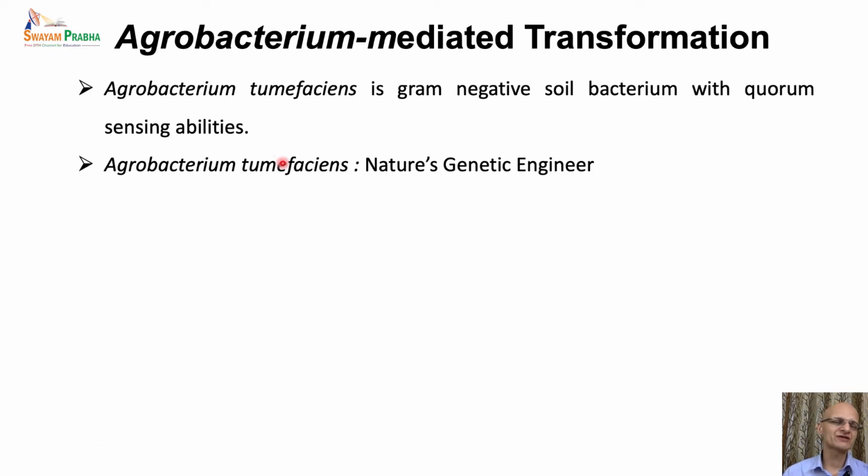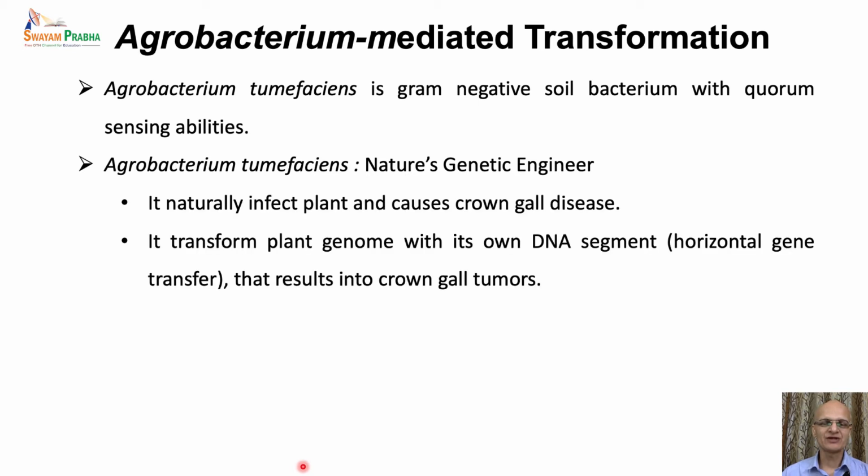Agrobacterium tumefaciens is also called nature's genetic engineer. That means it is capable of transforming the plants naturally. In nature, it infects the plants and causes crown gall disease.